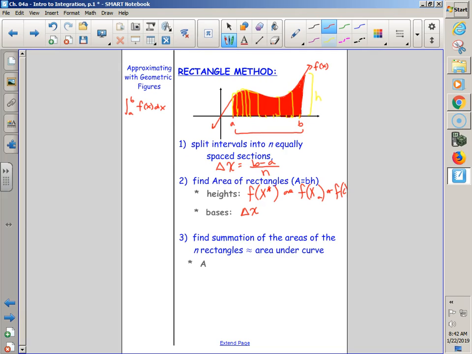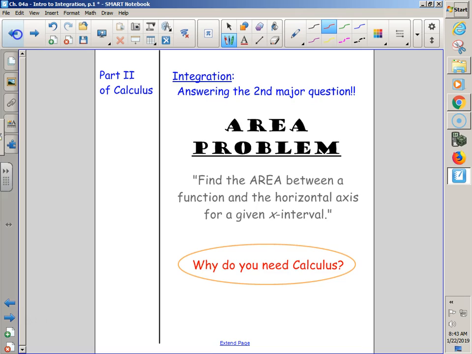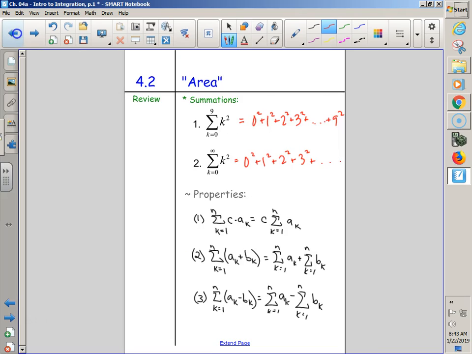If we equally space it, no big deal. They're all going to be the exact same base, and it's going to be nice. And why are we trying to make it formulaic? Remember at the very beginning of today, I said there's this really cool math thing called a sigma that says, if you can give me some sort of formula to plug into, I can do the zeroth subinterval, the first, second, third subinterval, plug in numbers, and there you go, without me having to do all this work.